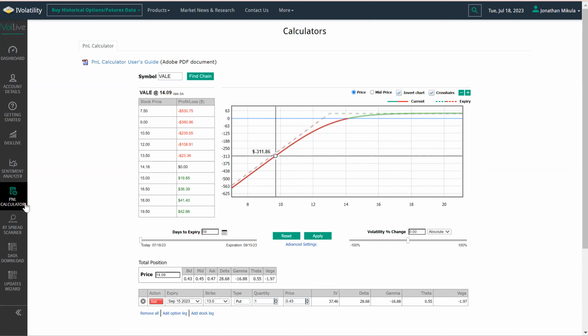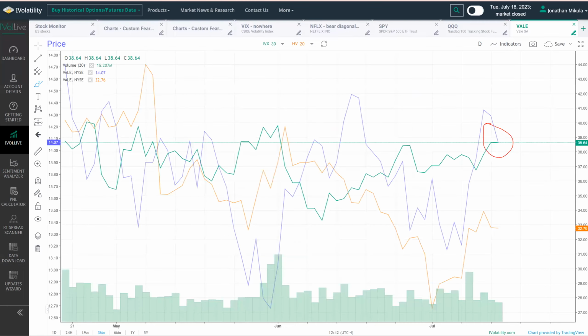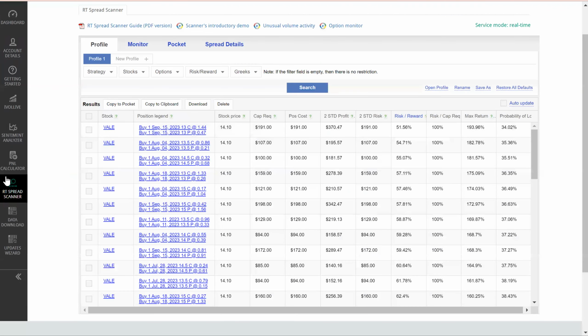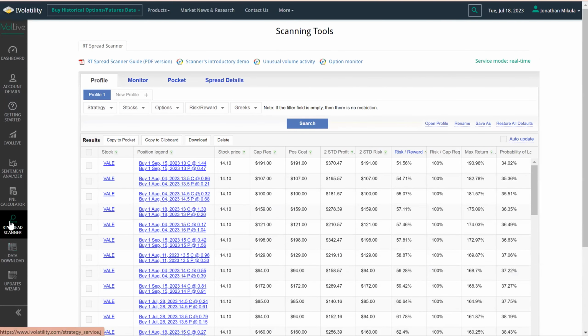And then just one advanced step that I had planned to show you was, Vale was interesting to me because here we go. I'm in the real-time spread scanner. I did this two Tuesdays ago where I showed how to use this super powerful tool. But since Vale could break either way, higher or lower, if you're a little bit more advanced, you could come to the real-time spread scanner and choose the strategy you want to look at.